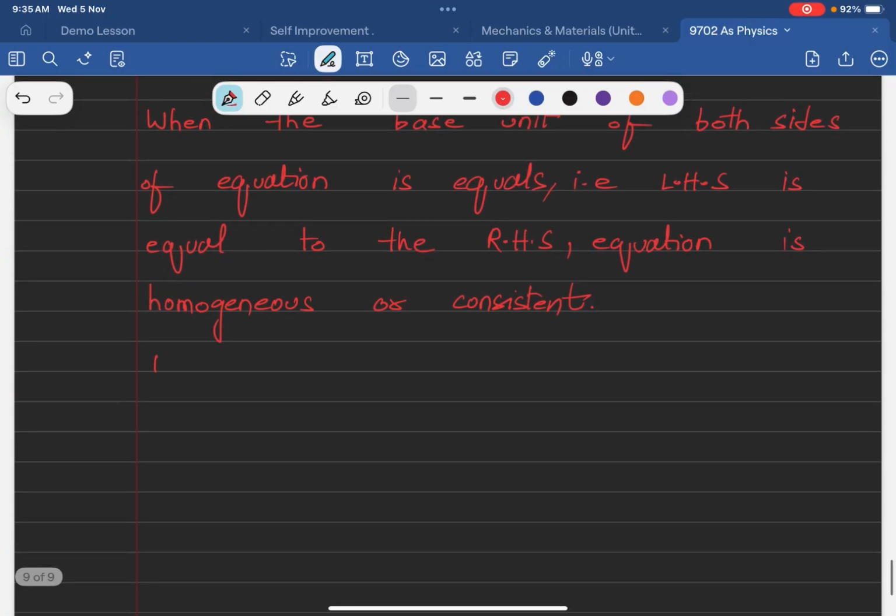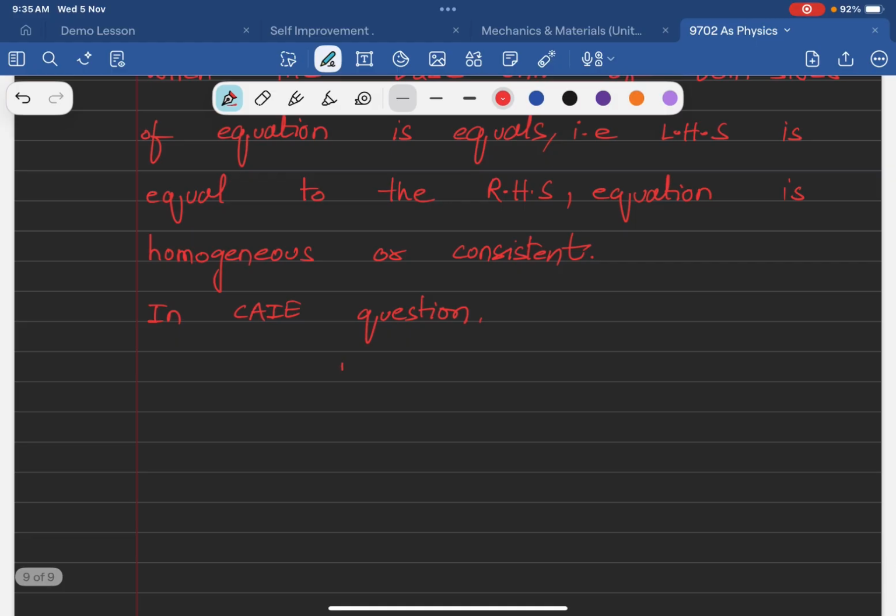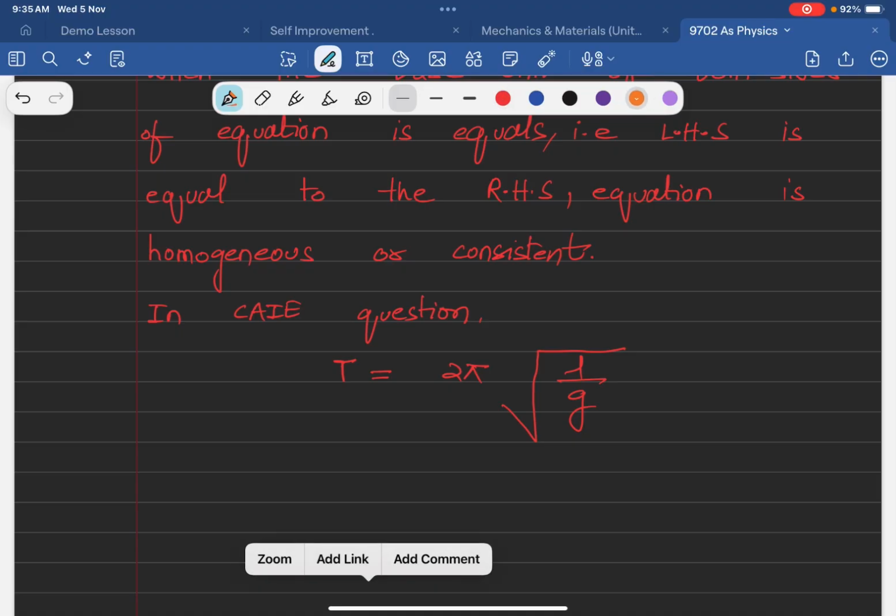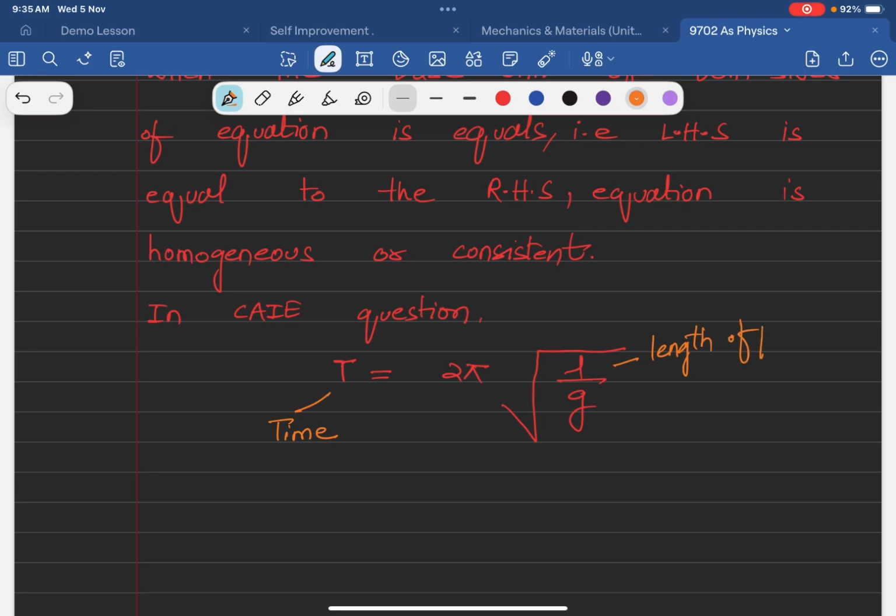In CAIE questions, the examiner will give you an equation, like T is equal to 2 pi under root L over G, and then the examiner will tell you the name of the variables, that is, T here is time, L is length of pendulum, and G is gravitational acceleration.